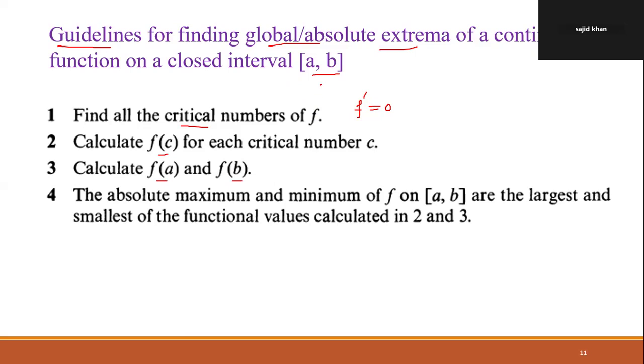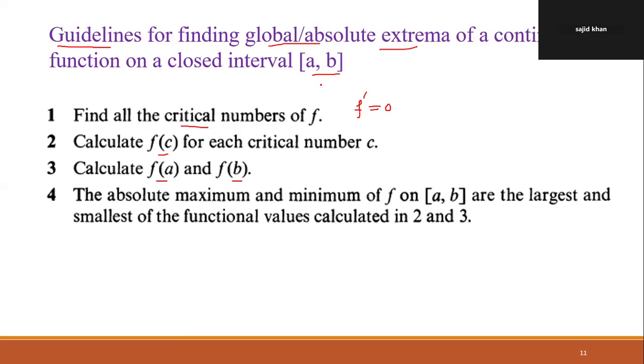Overall, it is impossible for us to check the function value at each and every point over the interval. Even if we take a smaller interval from 0 to 1, there are infinitely many numbers from 0 to 1. So it is impossible to check each number, put it in the given function and check the output.